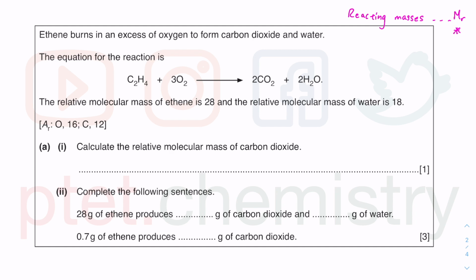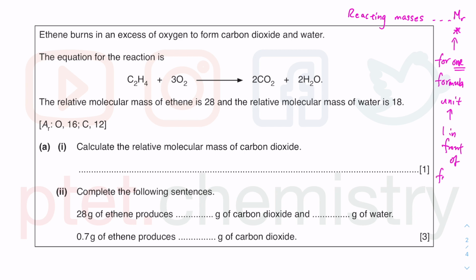The way to calculate MR has been covered in work 4 for this particular topic. What is important is MR is for one formula unit. What does one formula unit mean? It means 1 in front of the formula.